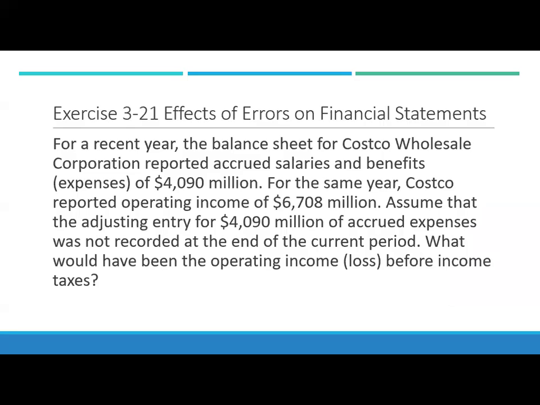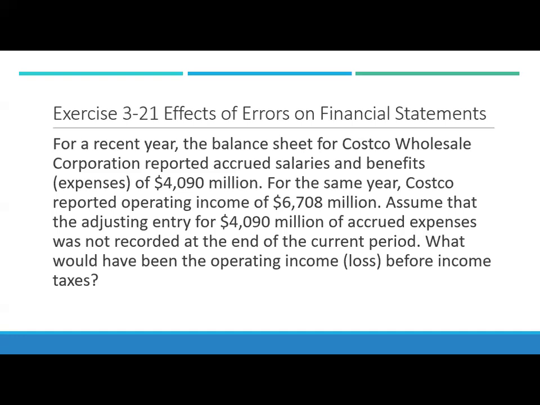These accrued expenses and accrued revenues are huge aspects of the income statement and the balance sheet. For example, Costco had accrued salaries and benefits on its balance sheet of about $4 billion, and they had $6.7 billion in operating income.